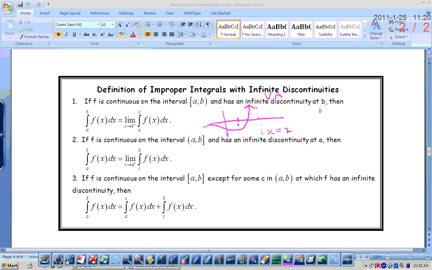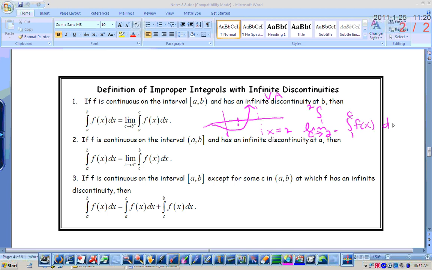So if I wanted to integrate from 1 to 2, then that integral is butting up against that vertical asymptote at x equals 2. So I'm going to have to take the limit as c approaches 2, but is my graph approaching 2 from the left side or from the right side? From the left side.